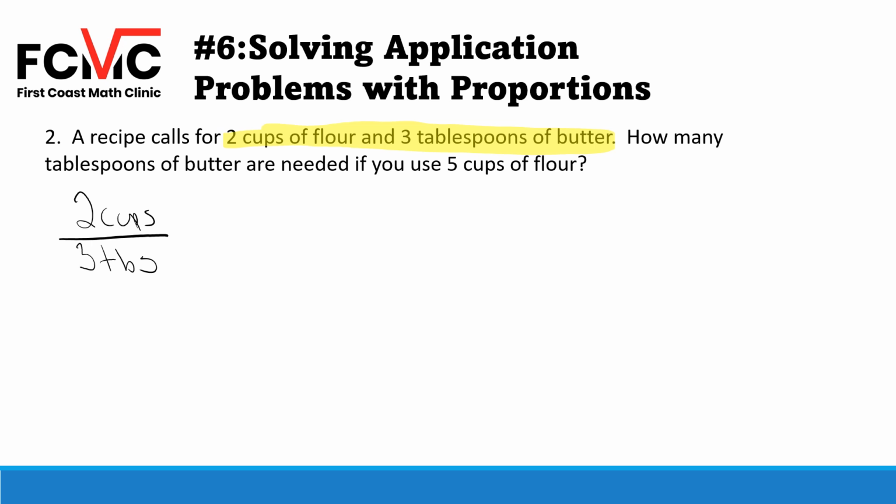And how many tablespoons of butter, so that's going to be our x, our unknown, are needed if you use 5 cups of flour. So 5 cups of flour, that's the information we're given. So we want to know, if we use 5 cups of flour, how many tablespoons of butter are we going to need? So let's use that to set up our proportion.